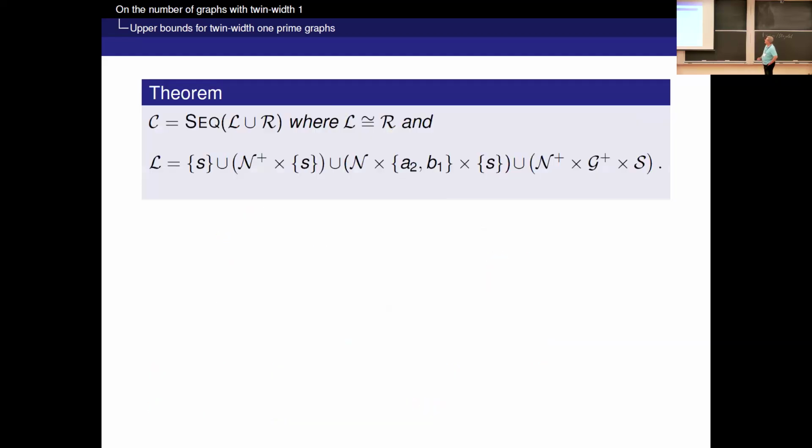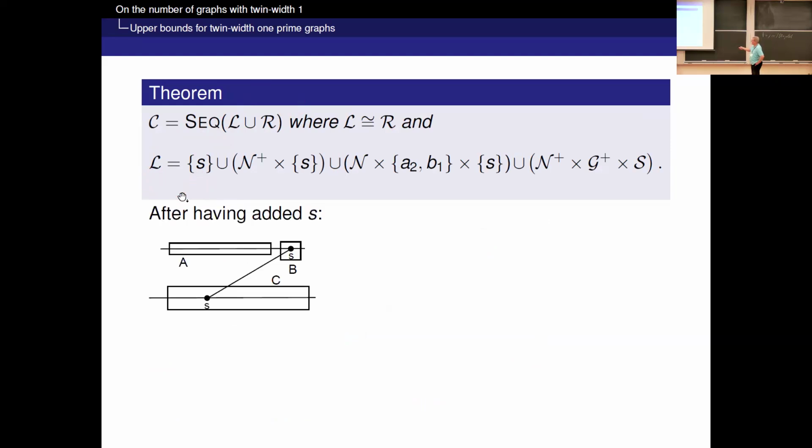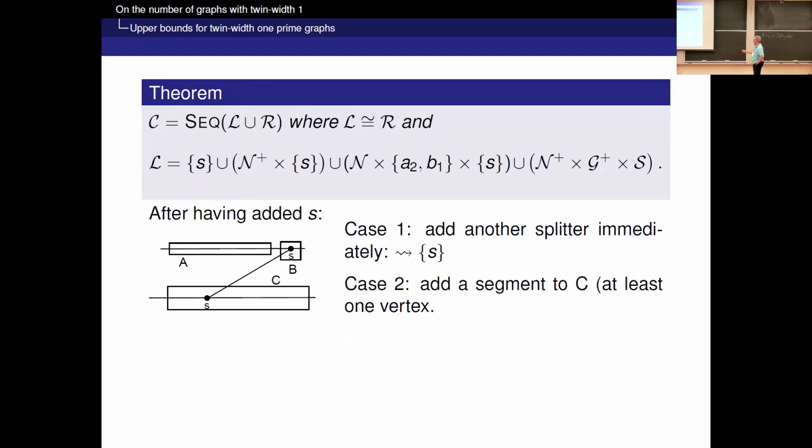All right. And now the construction C is simple because you can add to the set C a left and a right, and they are actually isomorphic. So either you add a splitter immediately, or you add a segment to C with at least one vertex.